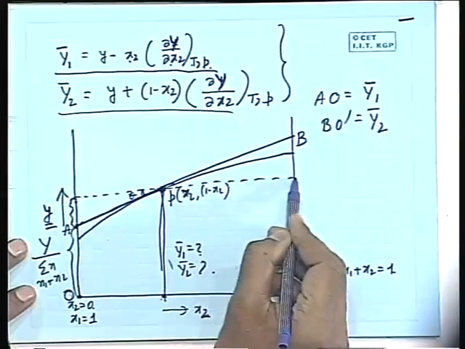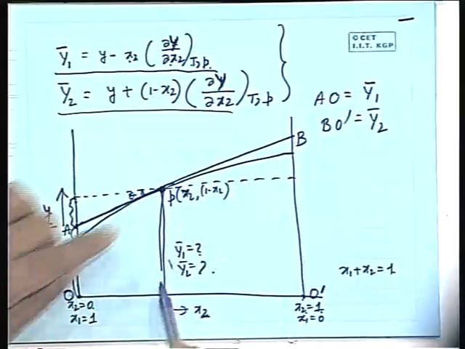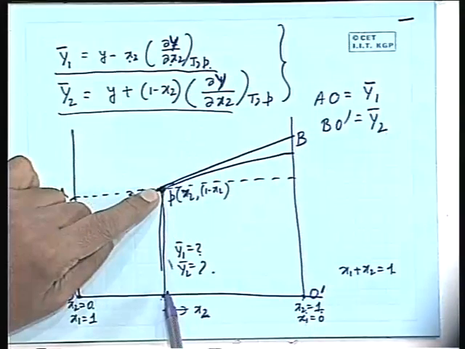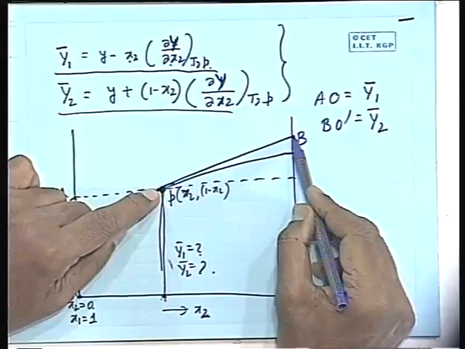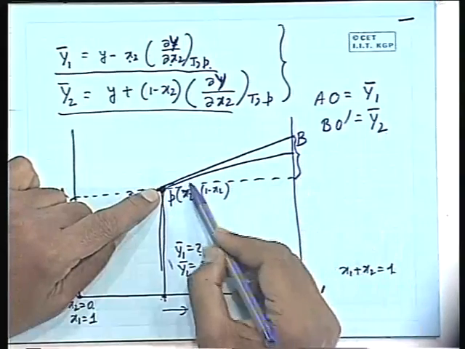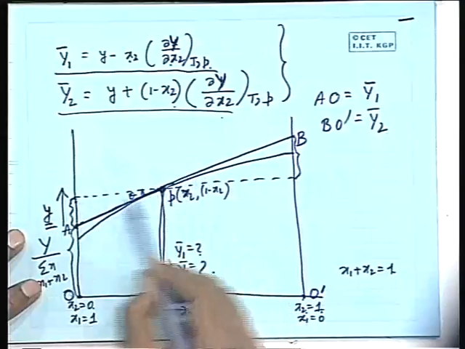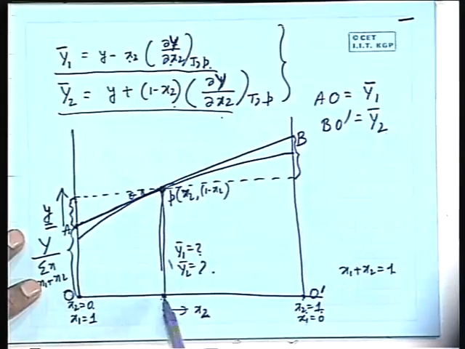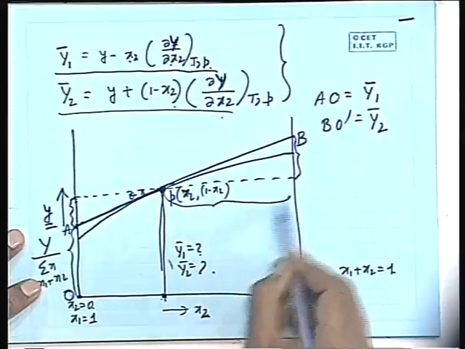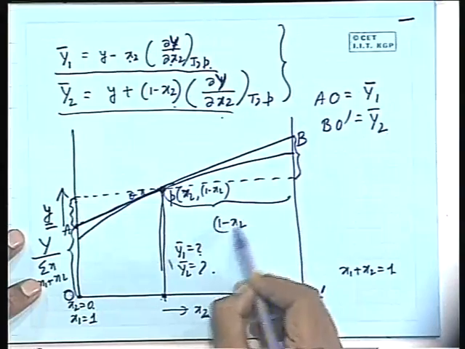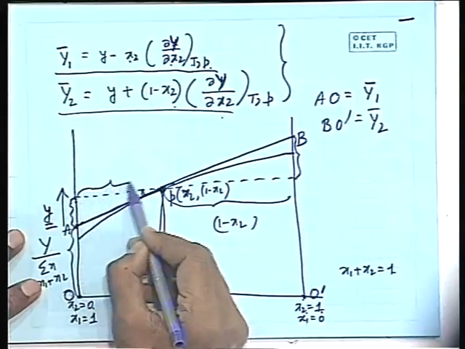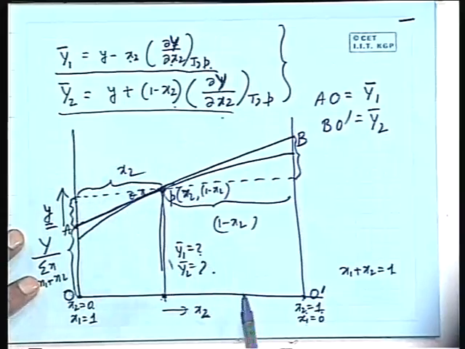This can be proved like this: this is the y at this point. So this part is added, and this part is 1 minus x2 times del y del x2, because if this length is x2, obviously this is 1 minus x2. All right.